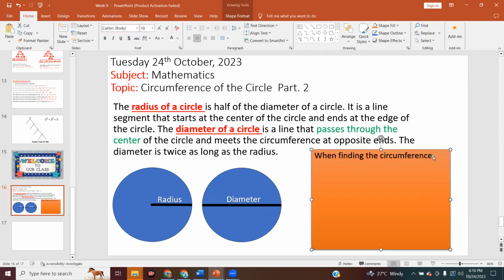So when finding the circumference and you are given the diameter of the circle, you must divide the diameter by what?